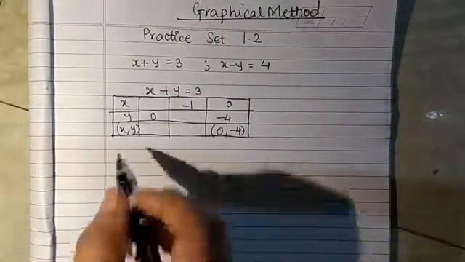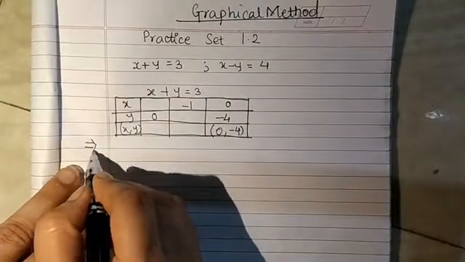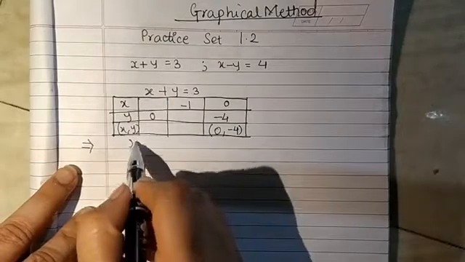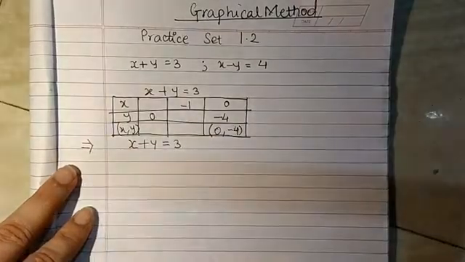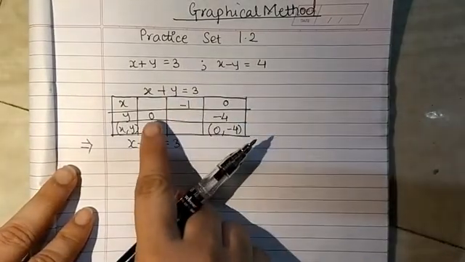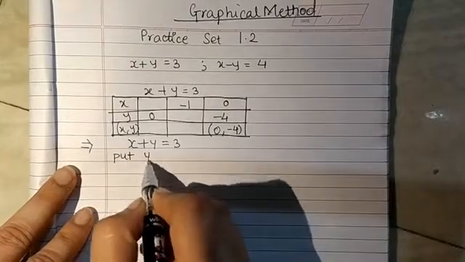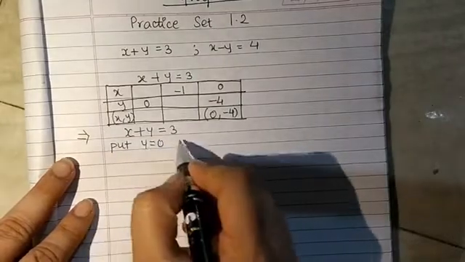So what you will do here, see, this is your first step in this equation. This is my equation, x plus y is equals to 3, first equation. ये equation में क्या करूँगी, y is equals to 0 डालूंगी. So what I'll put, y is equals to 0, because उन्होंने 0 दिया है ना, so मैं डाल रही हूँ 0.